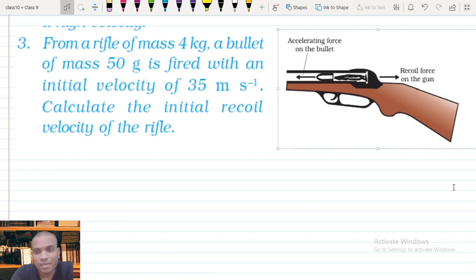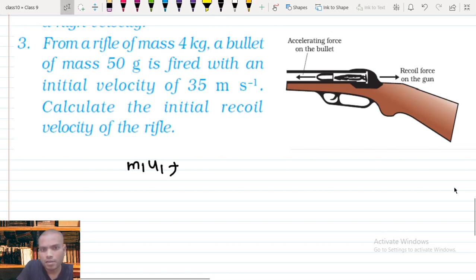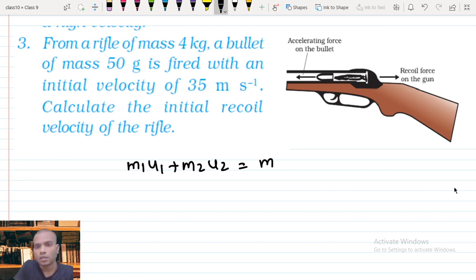We will apply the same law of conservation of momentum formula here. So let me write the formula. You remember that m1 u1 plus m2 u2 is equal to m1 v1 plus m2 v2.